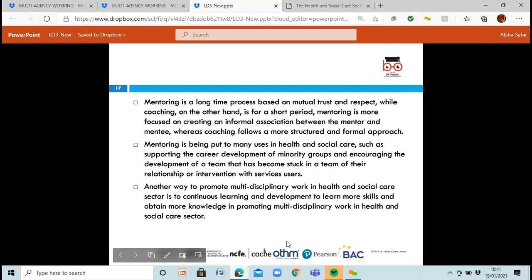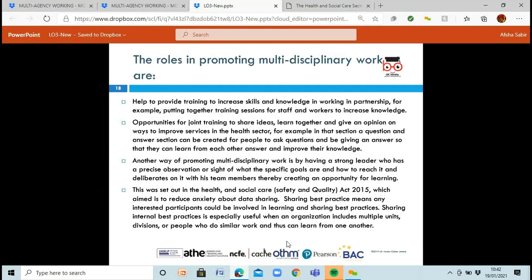Another way we can promote multidisciplinary work is continuous learning and development. You learn more skills, you get more knowledge, and you're able to share what you know with each other when you're working with other people outside of your own department or area. So the roles in promoting multidisciplinary work: you help to provide training, which increases your knowledge and skills.